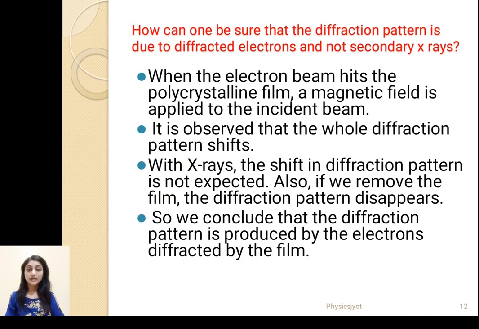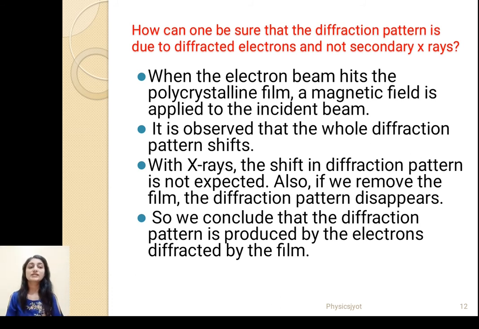Now in this particular experiment, a very important question is: how can one be sure that the diffraction pattern we are getting on the screen is due to diffracted electrons and not because of secondary X-rays, since secondary X-rays are also emitted? When the electron beam hits the polycrystalline film, a magnetic field is applied to the incident beam, and it is observed that the whole diffraction pattern shifts.